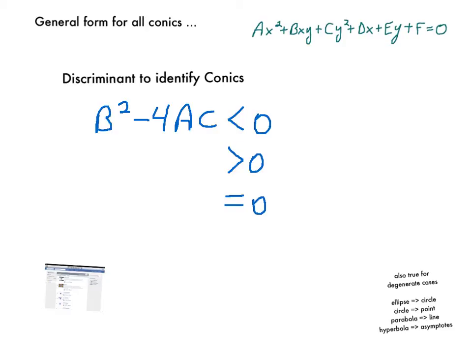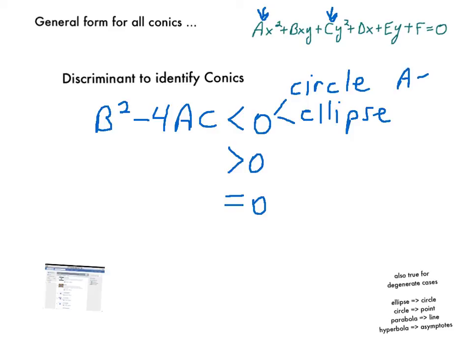Well, if it is negative, if it's less than 0, we have either a circle or an ellipse. Great. So if it's negative, we have one or the other. How do we figure out which one we have? Then we go back to the coefficients of the x squared term and the y squared term. And if they're the same, we have a circle.